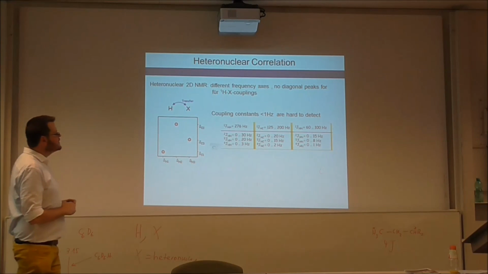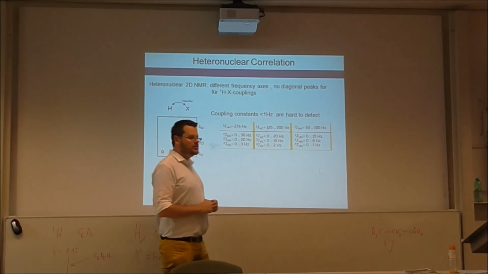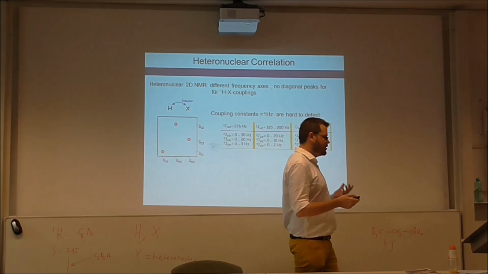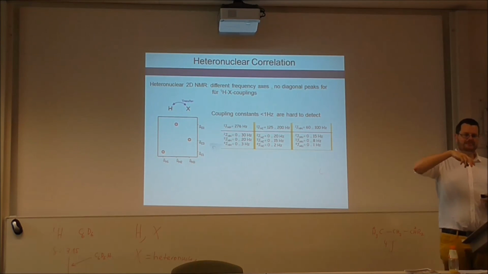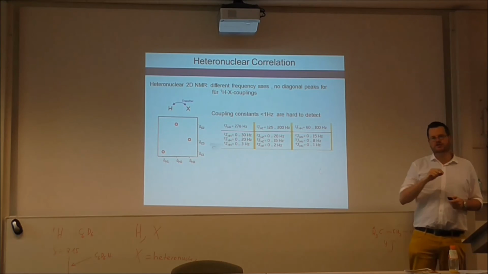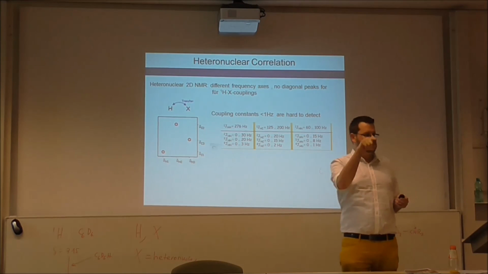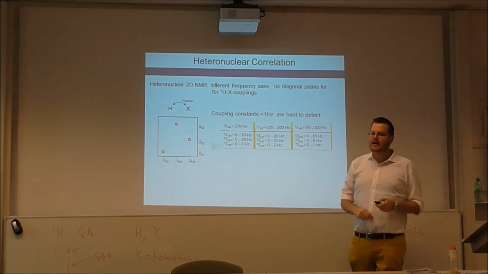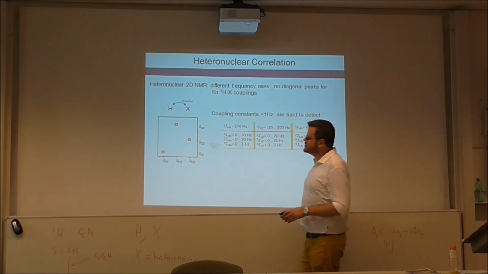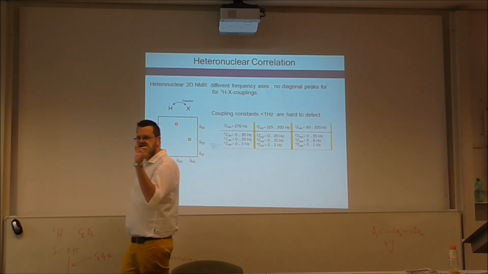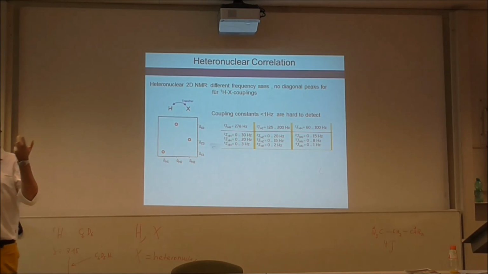In fact, it's simpler to interpret a heteronuclear correlation spectrum, because what's sometimes confusing in a homonuclear correlation spectrum is that you have this diagonal, and you've got to go down to the diagonal, across and up again. Here you just see cross peaks. So you're going to have two frequency domains corresponding to two different nuclei, typically proton and carbon-13.